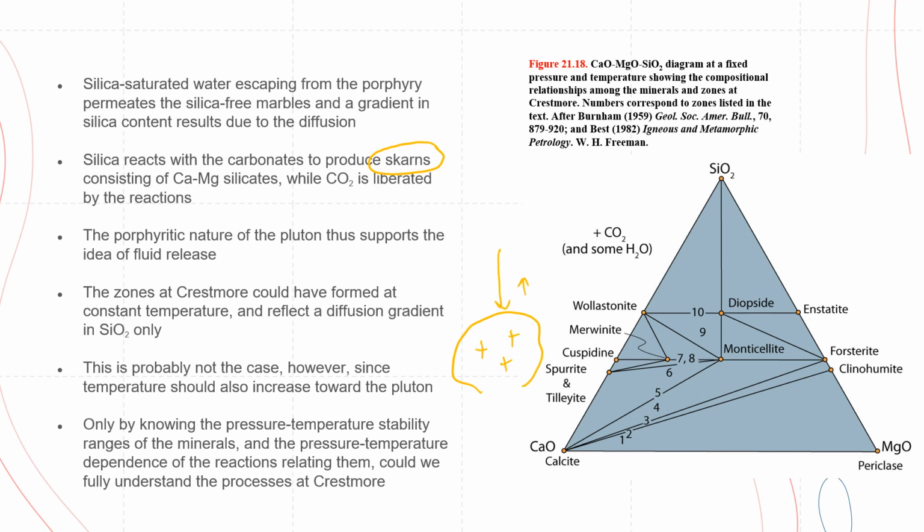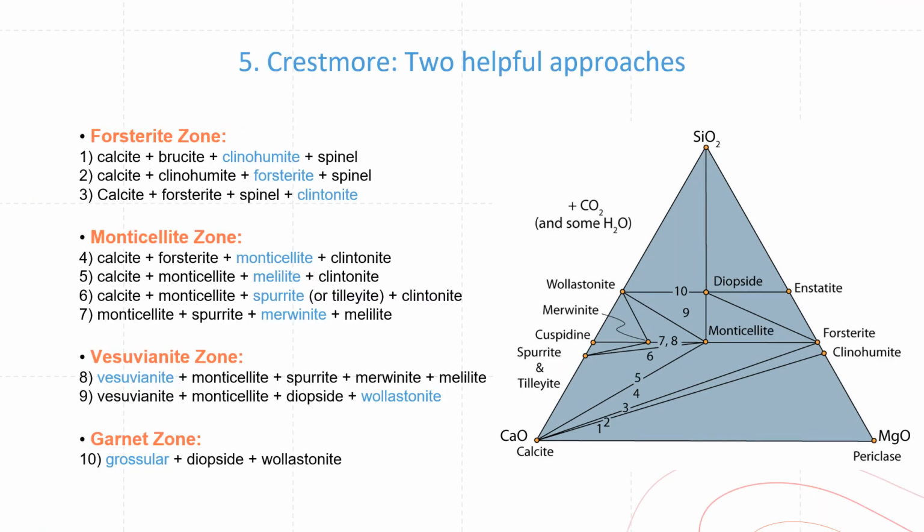So only by knowing the pressure-temperature stability ranges of the minerals and the pressure-temperature dependence of the reactions relating to them could we fully understand the processes happening at Crestmore. Here is the CaO, MgO, SiO2 triangle again, but I've also listed the numbers and the different zones on the left of the slide for your reference.